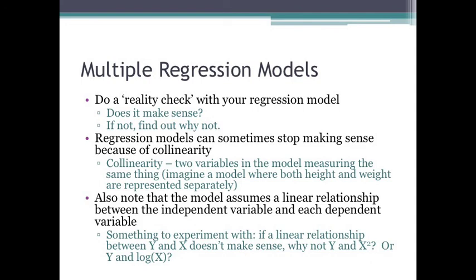So if you have a model where both height and weight are part of the model, they kind of interfere with each other in terms of developing the model. So what sometimes happens is with both height and weight, we're measuring the same thing. We're measuring the size of a person. So what can happen is by eliminating one of these, say eliminating height, all of a sudden the other variable, weight, makes more sense.